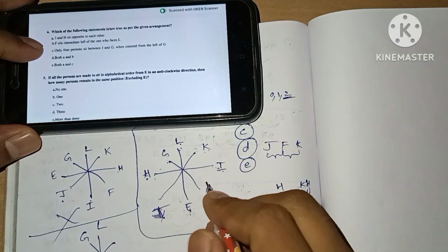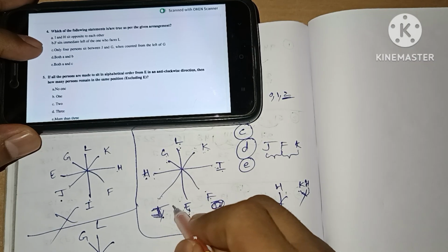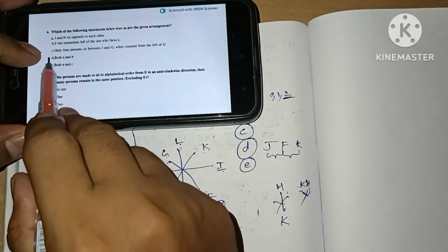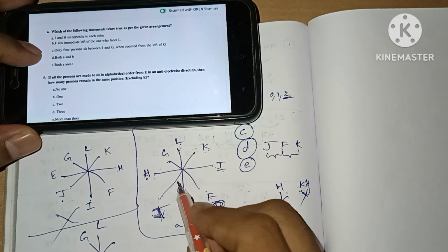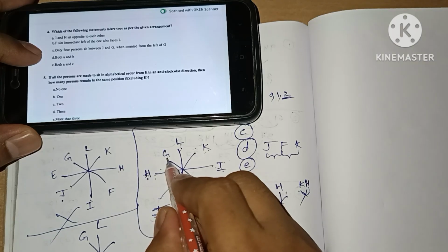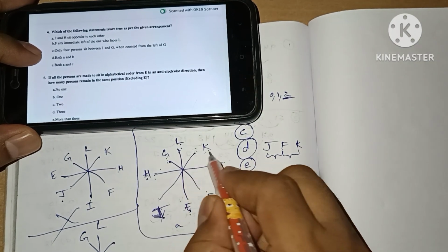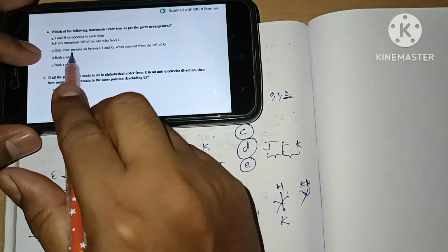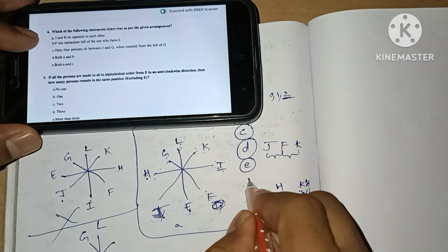F sits immediate left of the one who faces L. Immediate left, no. So A is true here and B false. Only 4 persons sit between J and G. J is here, G is here. When counted from the left of G, 1, 2, 3, 4 and 5. So here it is talking about 4 people. So the answer for this one is only A.